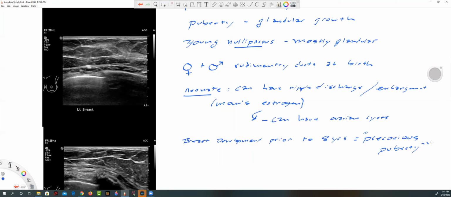And that could be a hormone imbalance. They have a tumor, an adenoma or something causing the early development of female estrogens to occur, and then they have a precocious puberty that happens too young.